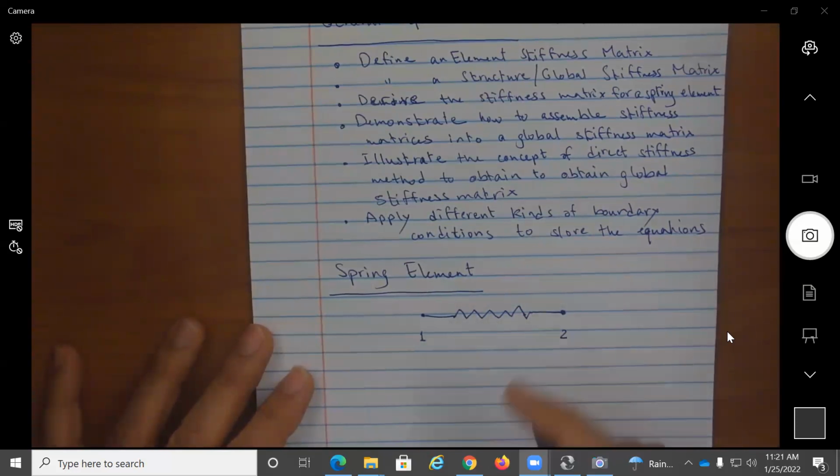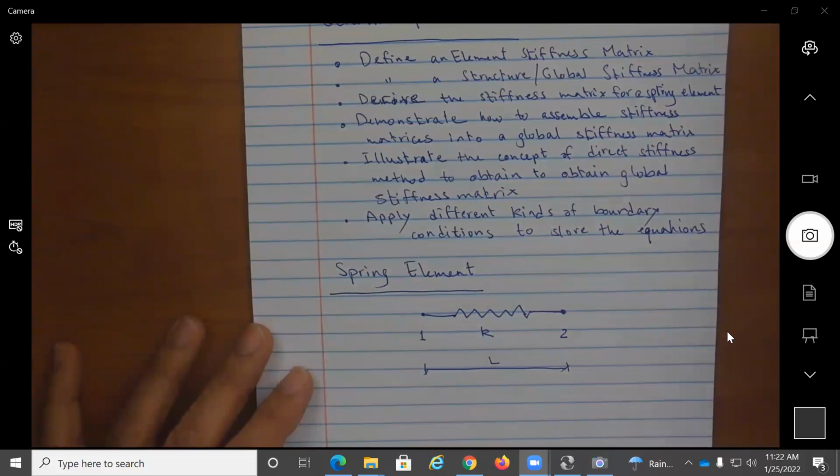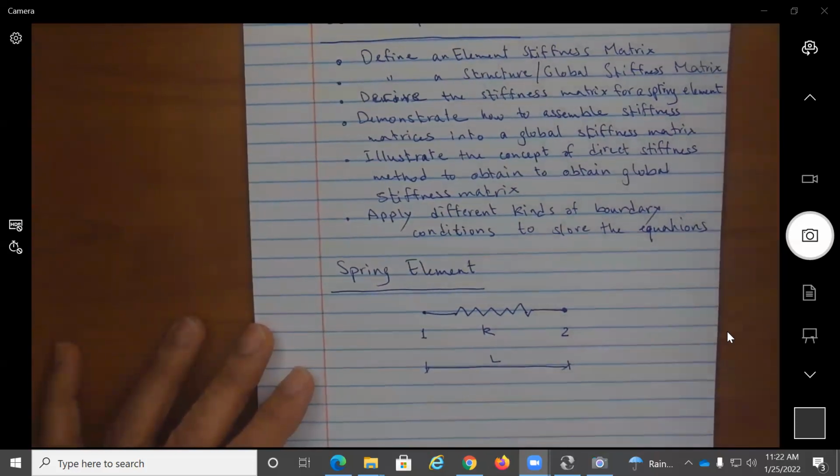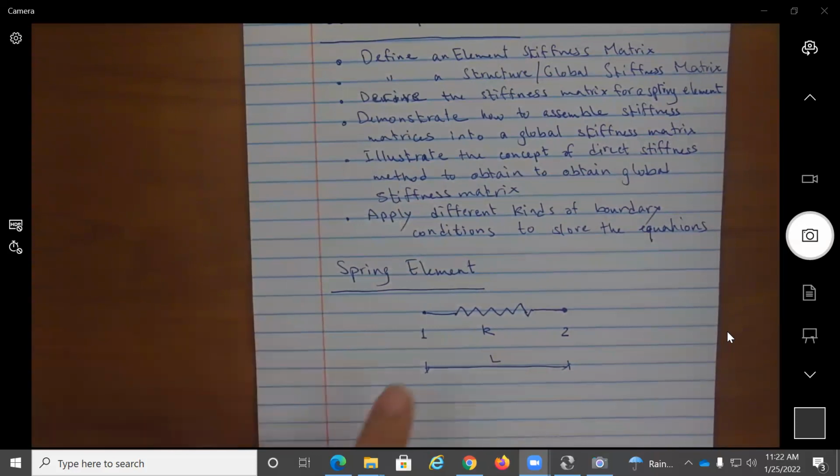And the spring has a stiffness K, and it could have a length L. And please remember that when you learned about springs, we learned that the force is directly proportional to the deformation via that spring stiffness K. So this spring could be subject to forces and is going to deform accordingly.